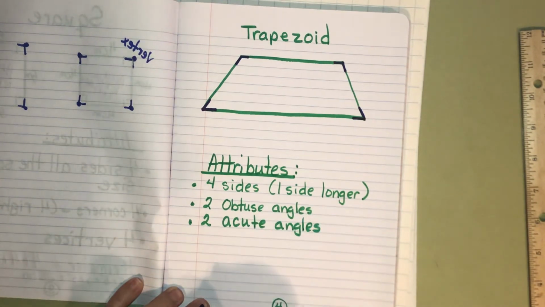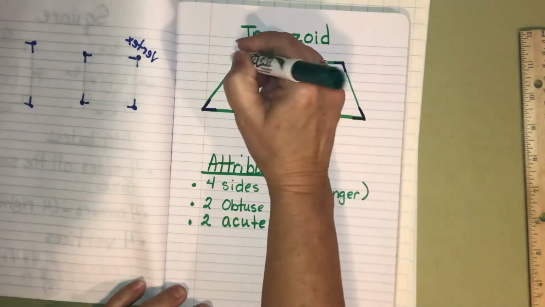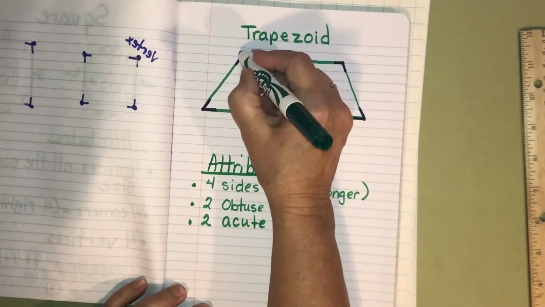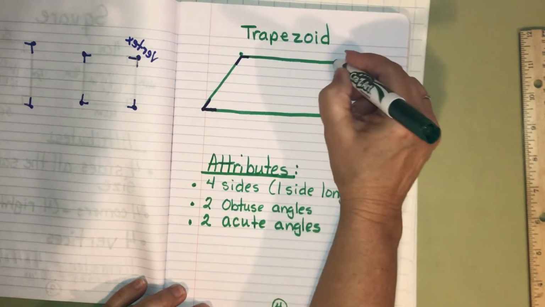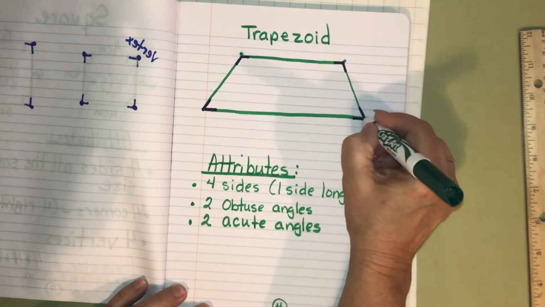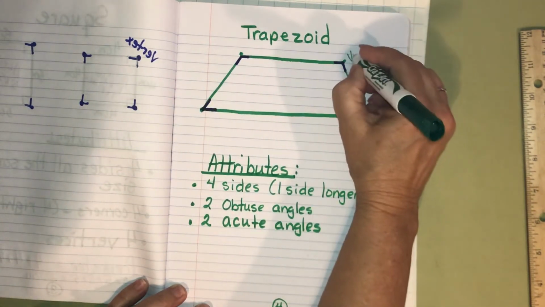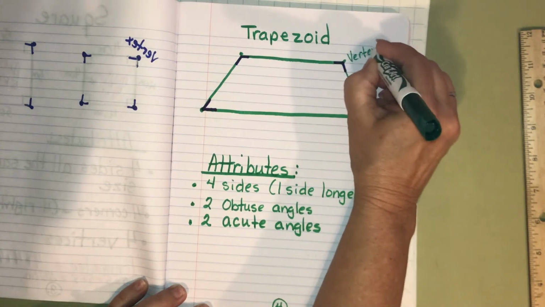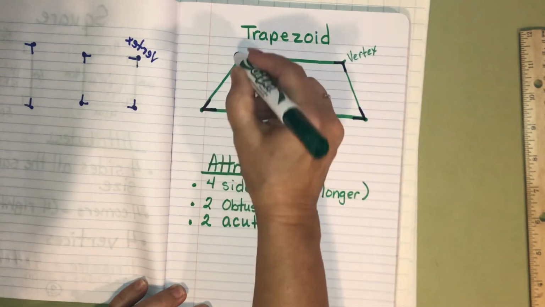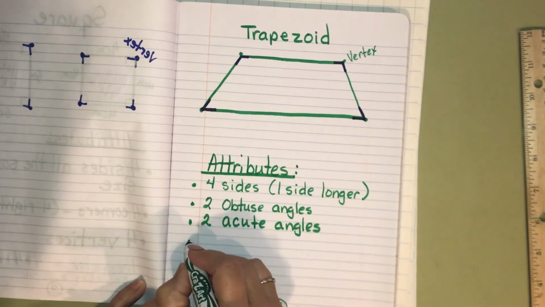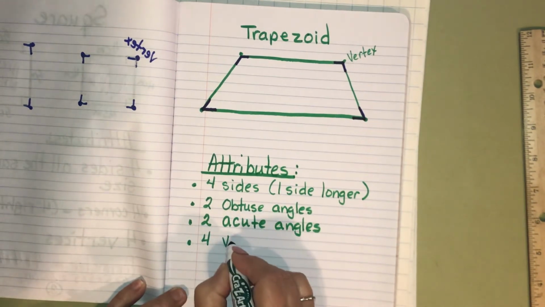All right, and then if we're looking at vertices, remember vertices would be where the 2 lines meet. And I like to draw the little points right there so that you can see how many vertex or vertices, because there's more than one. It has 4 vertices.